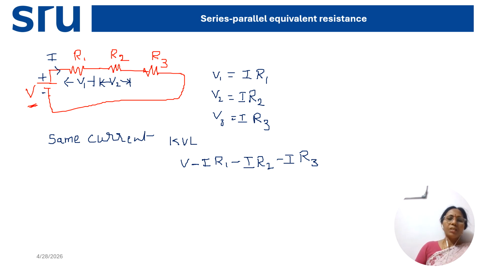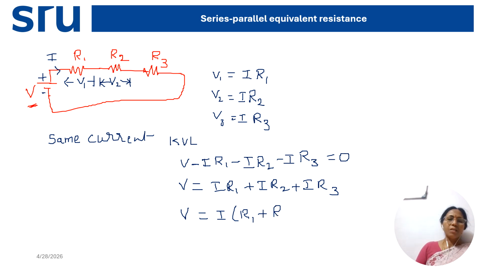So these are the four elements, and according to KVL, the algebraic sum of voltages in a closed circuit equals 0. Then finally the source voltage equals I into R1 plus I into R2 plus I into R3. This can be written as the source voltage V equals, taking current as common, I into (R1 plus R2 plus R3).